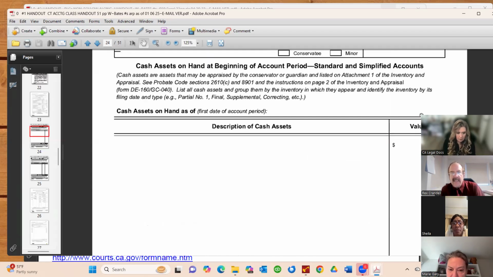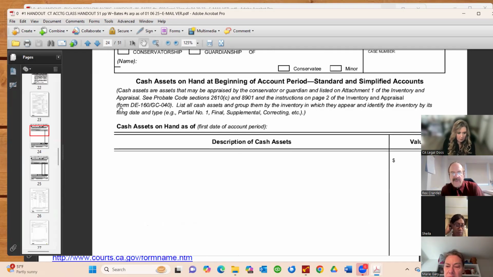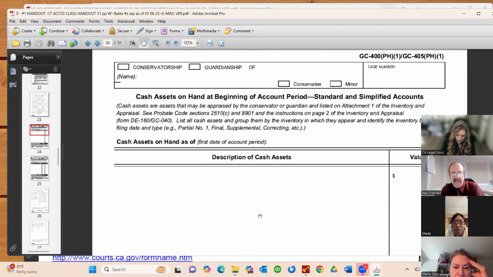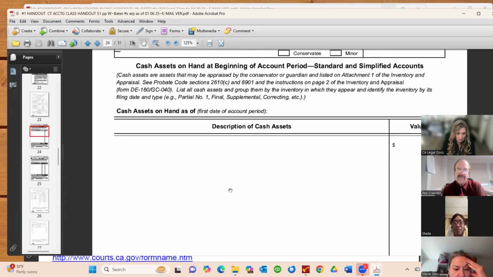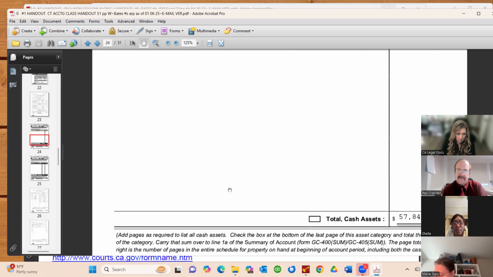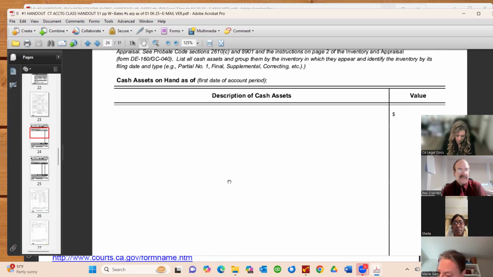Okay, so we go to page 21-1A, and here we have cash on hand at the beginning of the account period, and you will mirror the data from your beginning inventory and appraisal. List the asset numbers.